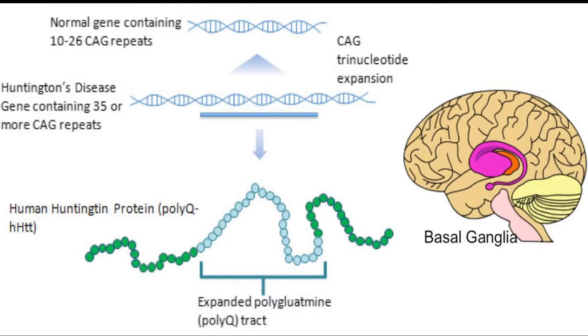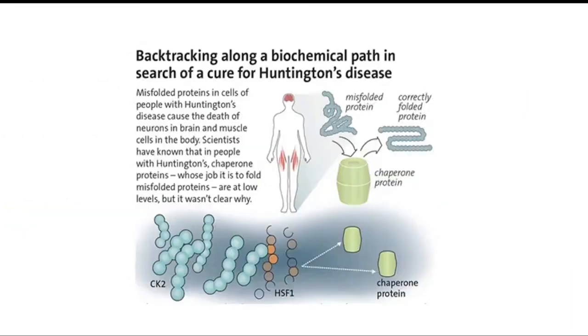As a result of this mutation, the polyglutamine number increases in the human Huntington protein. This causes misfolded proteins, and they cause death of neurons in the brain and muscle cells in the body.